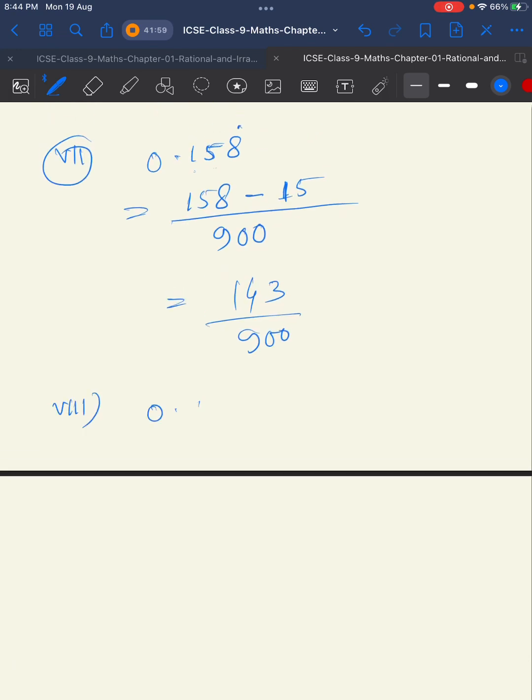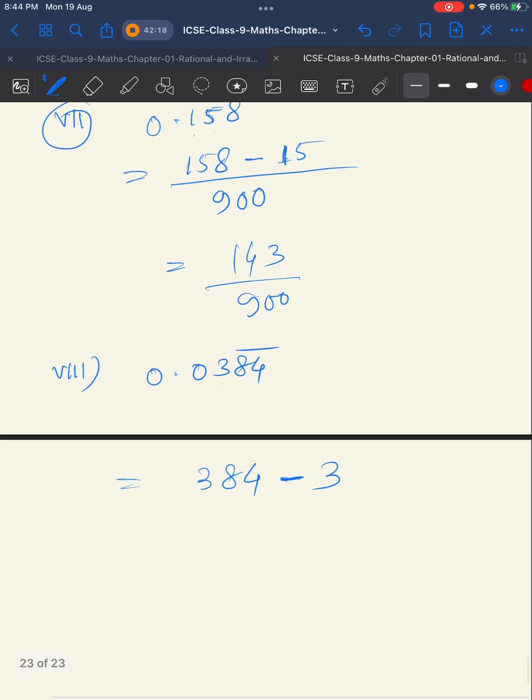Now question number 8. 0.0384 bar. So first we write 384 minus 3, the digit which has no bar, so only 3.